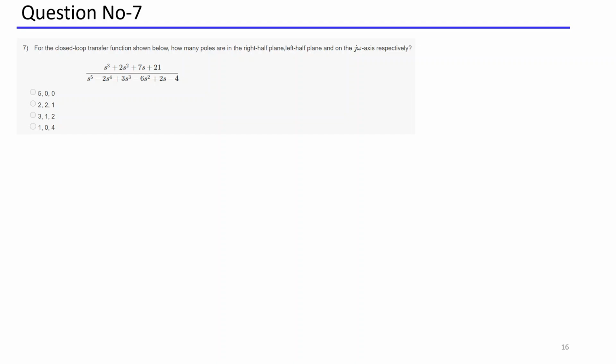So equate the characteristic equation to 0, apply the RH criterion, and find how many poles lie on the left hand side and right hand side, and how many sign changes there are. We only look at the denominator, making the denominator equal to 0.